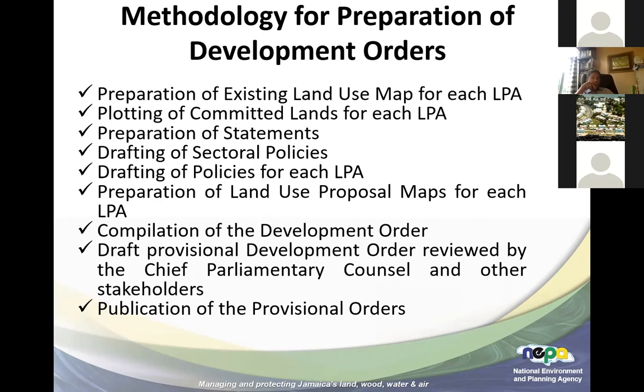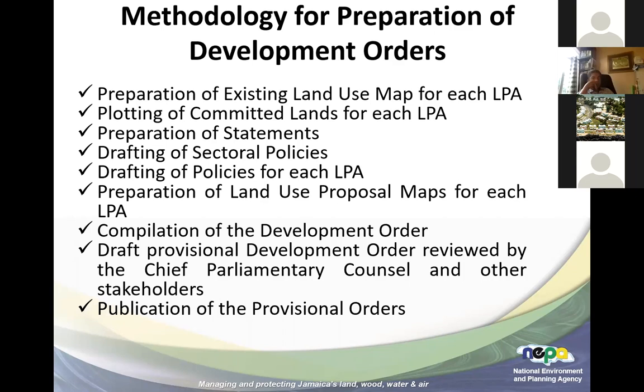We also plot committed lands for the order area. And these basically are lands that have been earmarked, whether by cabinet or various statutory bodies, for various uses, as well as lands that have been committed, whether through approval by the local planning authority or the authority.